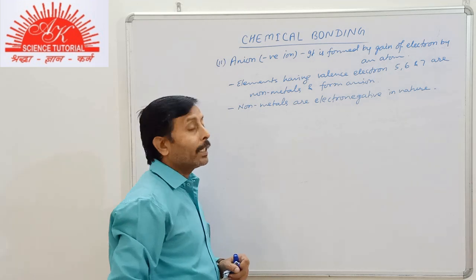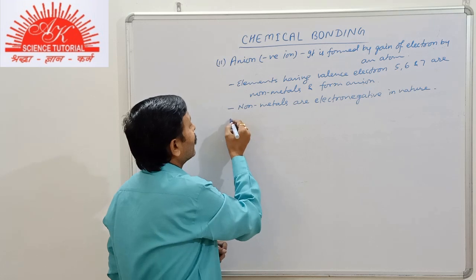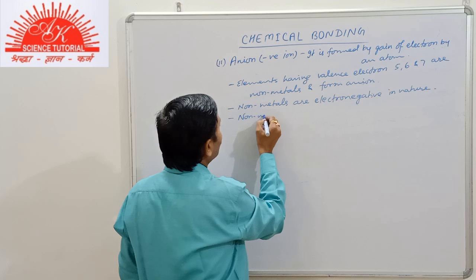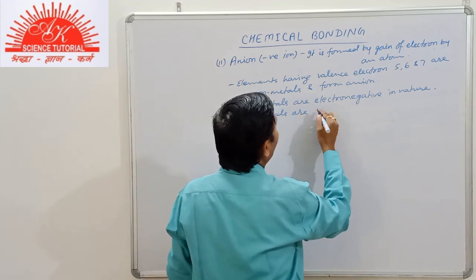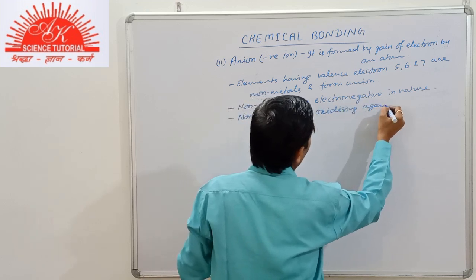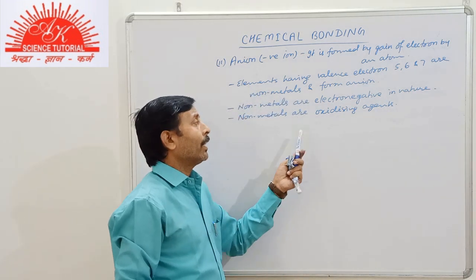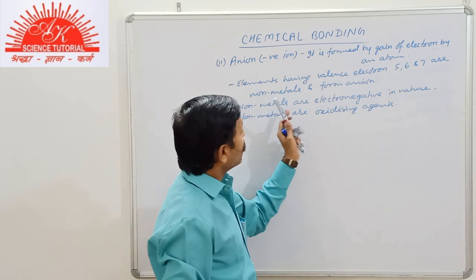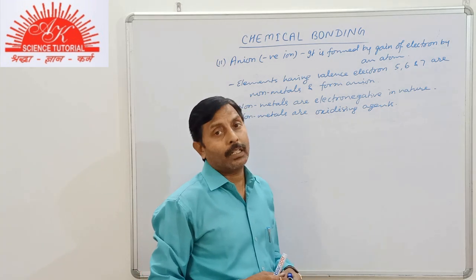One more thing which we will study, that is non-metals are strong oxidizing agents. That is, they take out electron from metallic atoms and get themselves reduced, but cause oxidation of the metals. So non-metals are oxidizing agents, whereas metals are reducing agents.